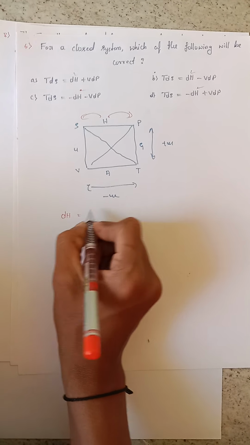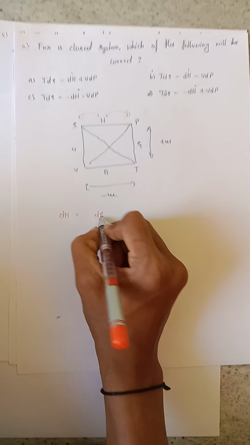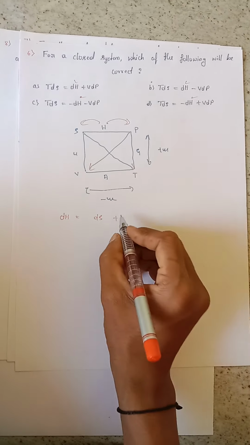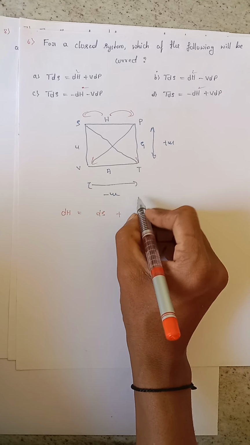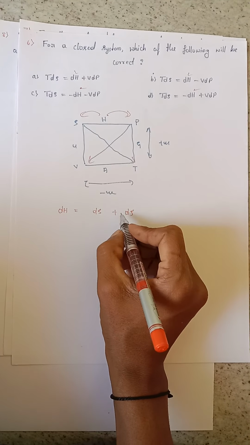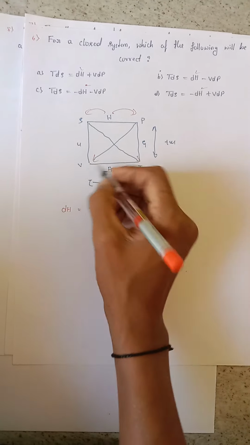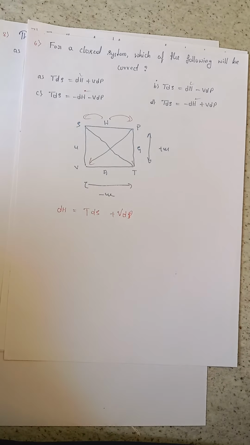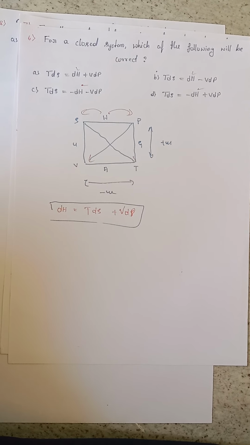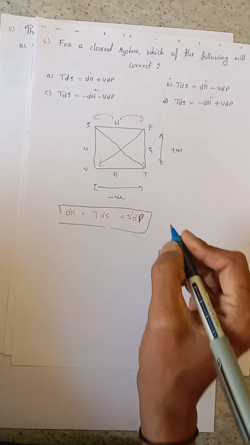Now we should find delta H. It will come like this: ds, dP; S goes with T, P goes with V. Therefore delta H is equal to TdS plus VdP, which is the correct answer.